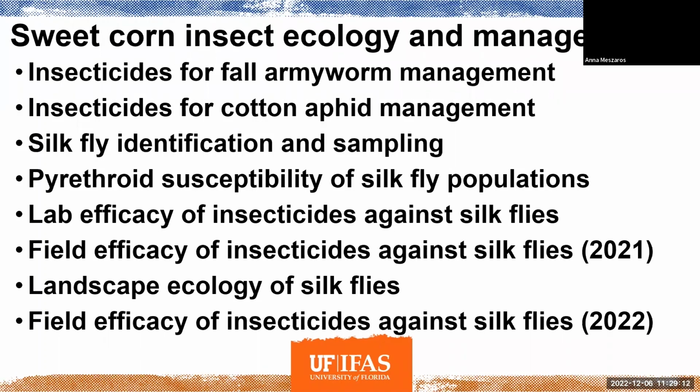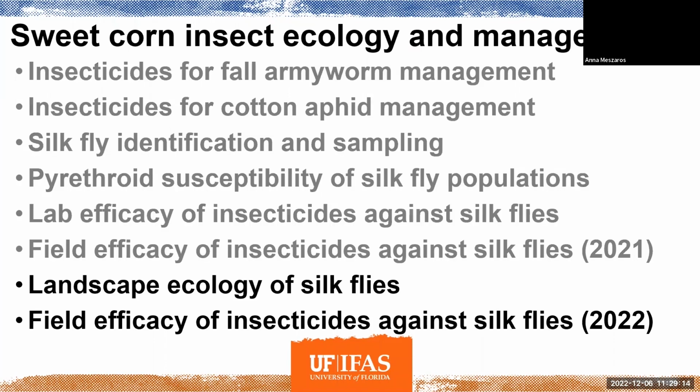Those handouts talk about fall armyworm insecticides, cotton aphid insecticides, and all about seedcorn flies: identification, sampling, some of our insecticide resistance monitoring, and a lot of the lab work we've done to try to identify new insecticides for seedcorn flies.